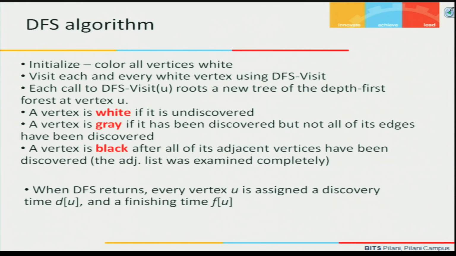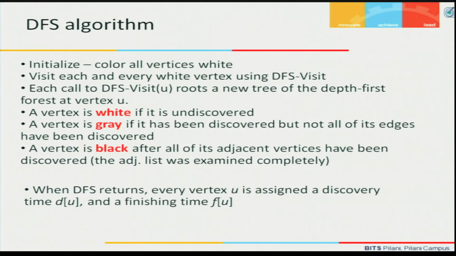The DFS returns for every vertex u a discovery time du and a finish time fu. So, every vertex is going to be assigned two values, a discovery time and a finishing time. This is the standard DFS algorithm with this additional feature of time stamping.